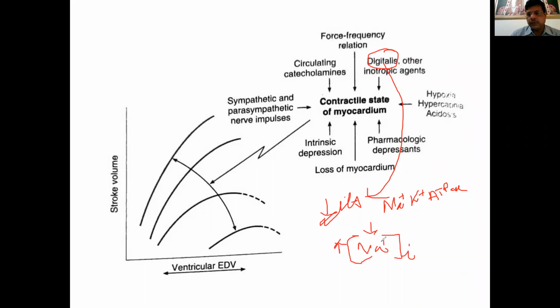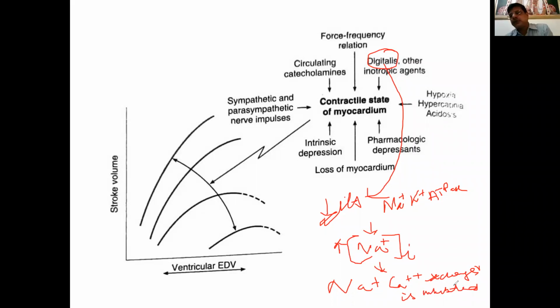So the gradient of exchange is lost. Gradient of exchange for what? The sodium will not be transported inside. The Na plus Ca plus exchange, the antiport, is inhibited.